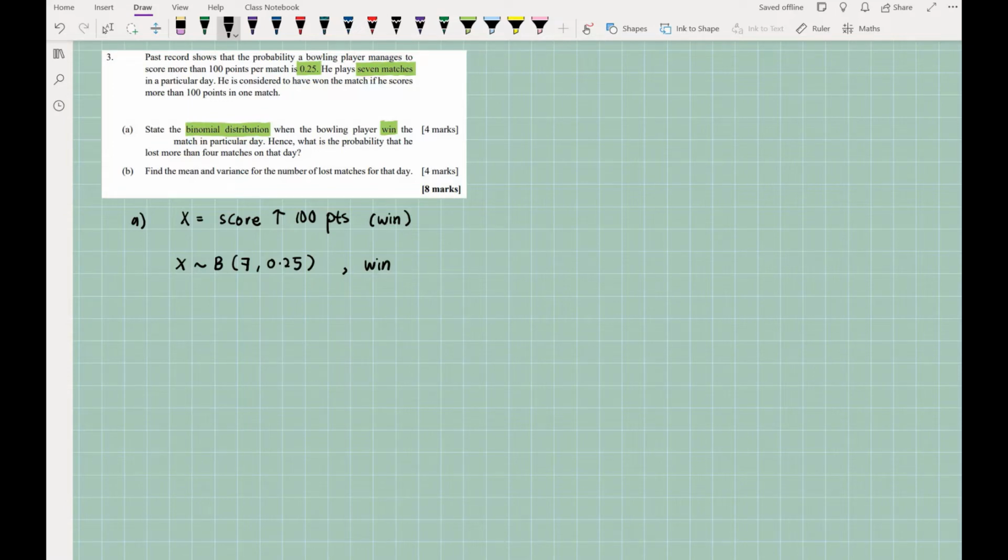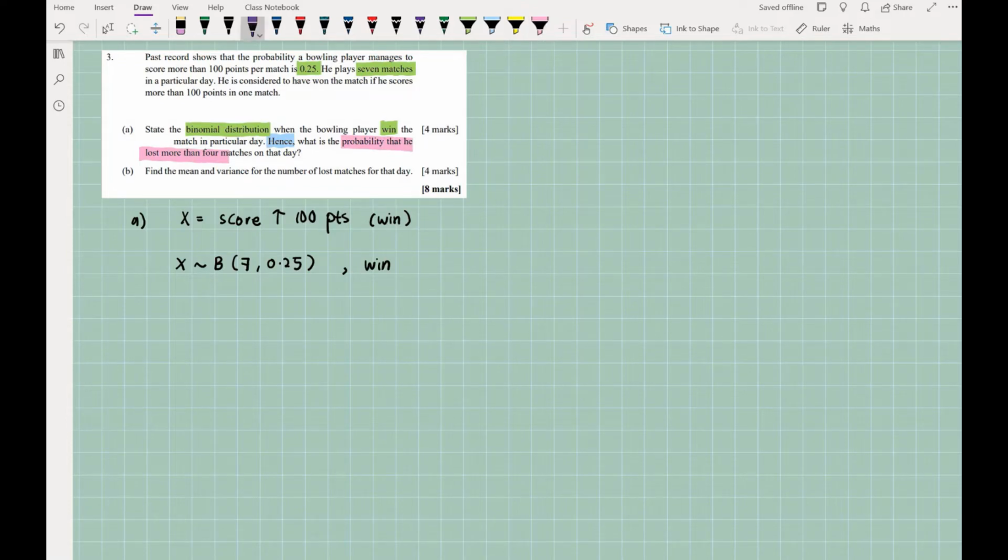So, untuk soalan next, please take note we have the word hence, meaning you have to use whatever you just wrote here just now. Okay, iaitu X follows a binomial distribution with 7 trial and probability of success adalah 0.25. What is the probability he lost more than 4 matches on that day? So, please take note, probability yang kita nak cari adalah dia lost more than 4 matches.